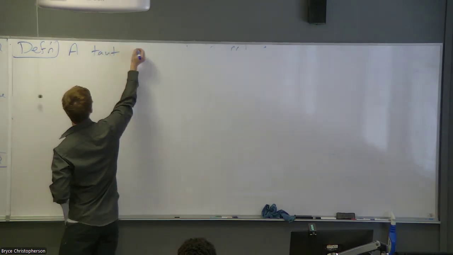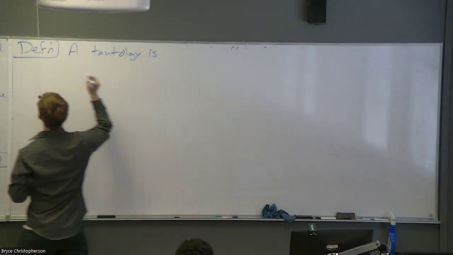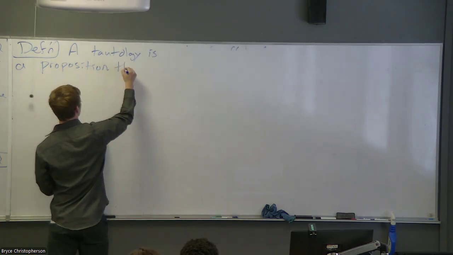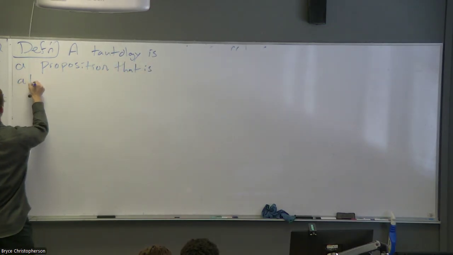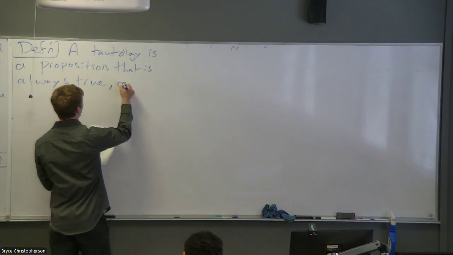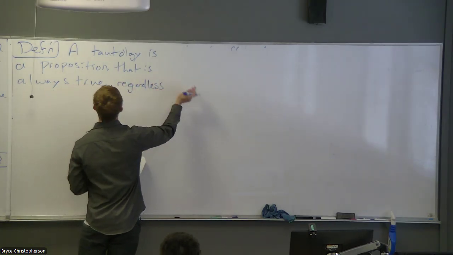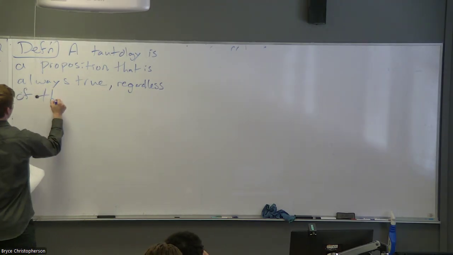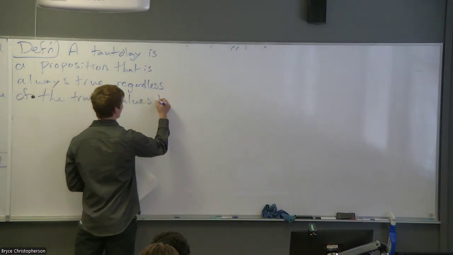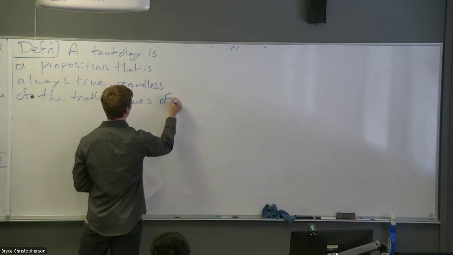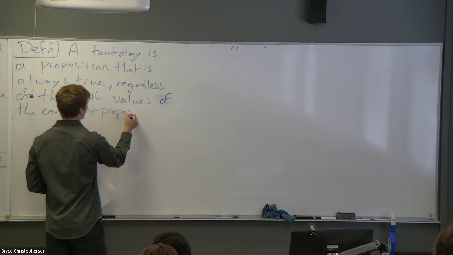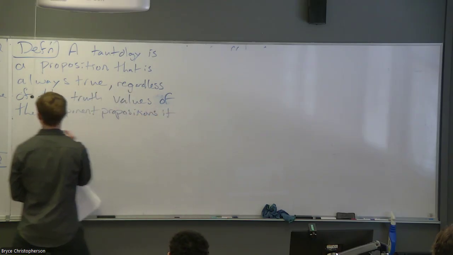A tautology is a proposition that is always true, regardless of the truth values of the component propositions it comprises.